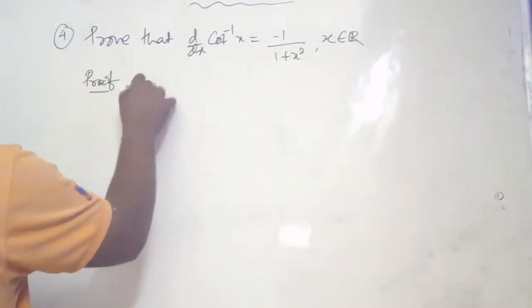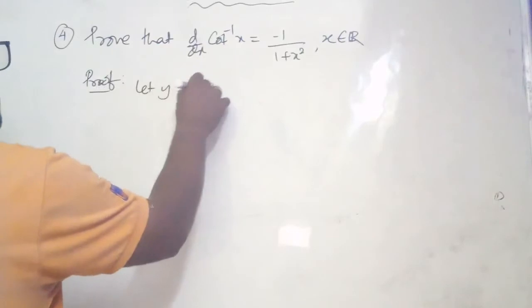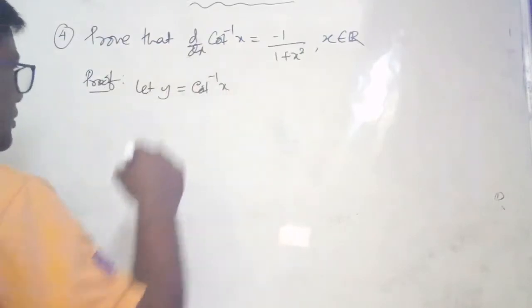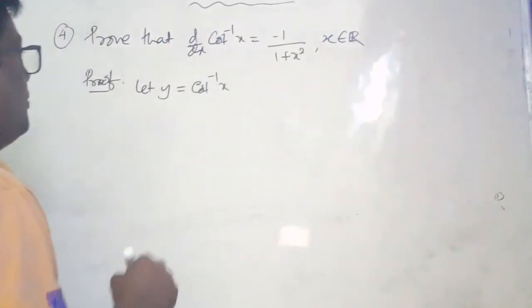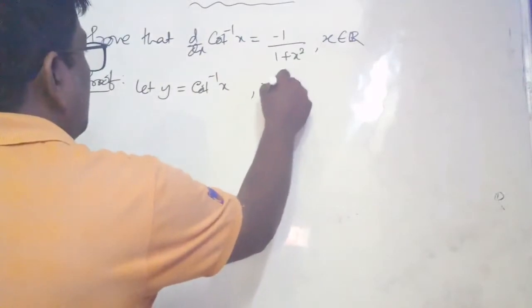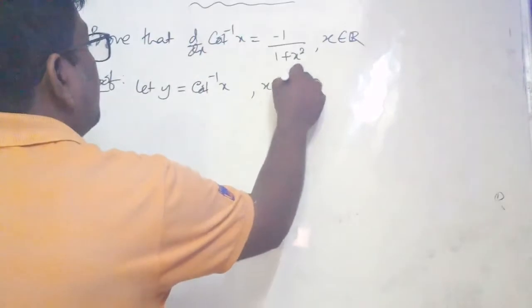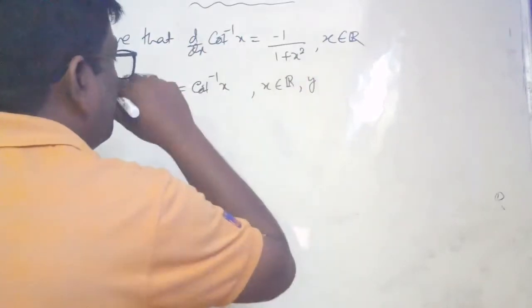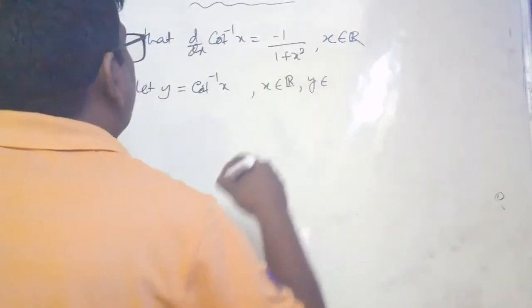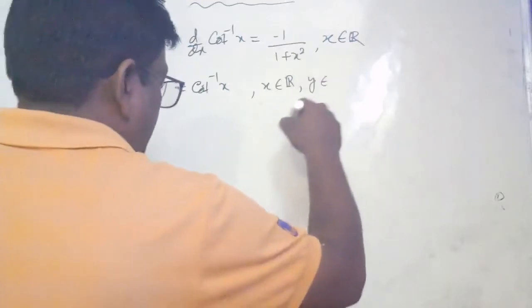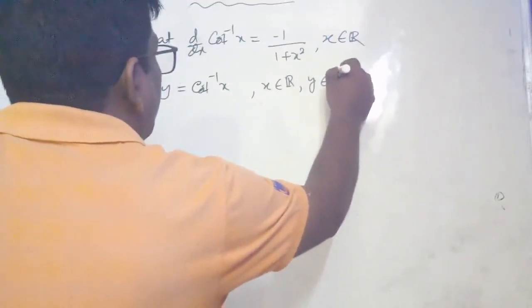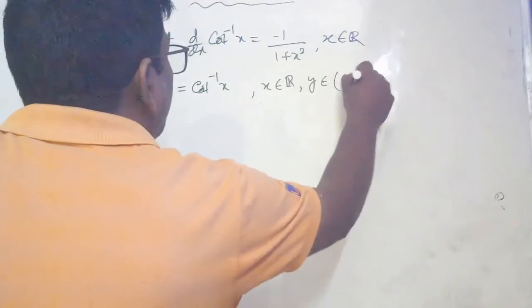Let y is equal to cot inverse x. Okay, and x belongs to what? x belongs to R, and y belongs to 0 to pi.